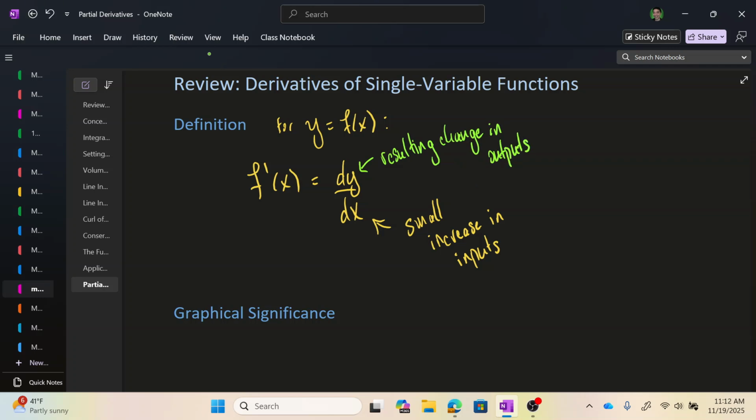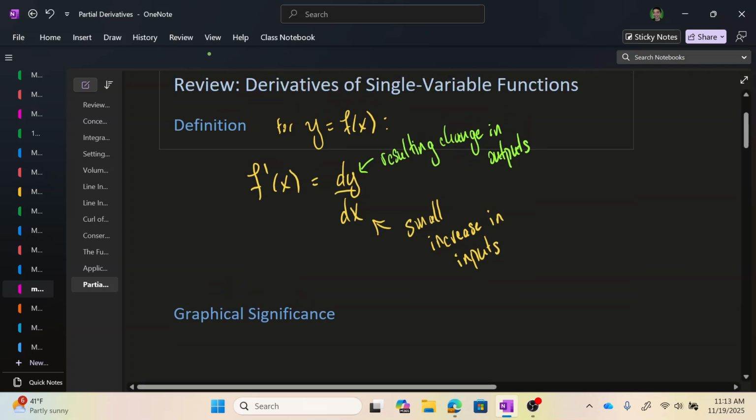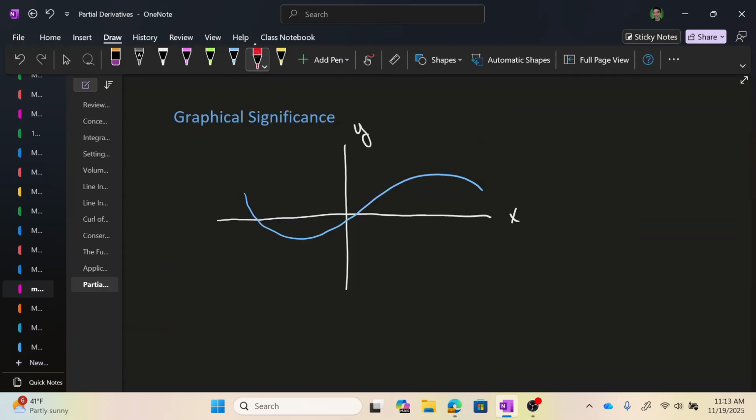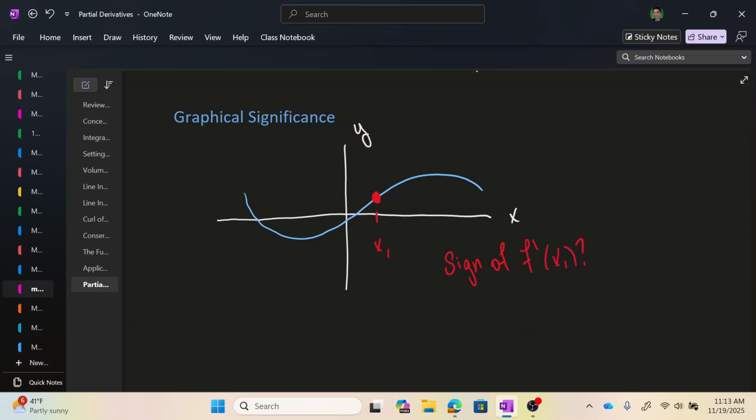So if we kept this definition in mind, that allowed us to get some information about the derivative of a function just from the function's graph. If I identified a point on the curve, for example, here, marked by x1, I could ask the question, what is the sign of the derivative of the function at this location?